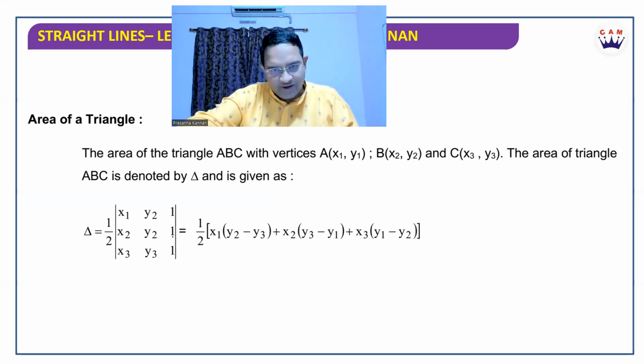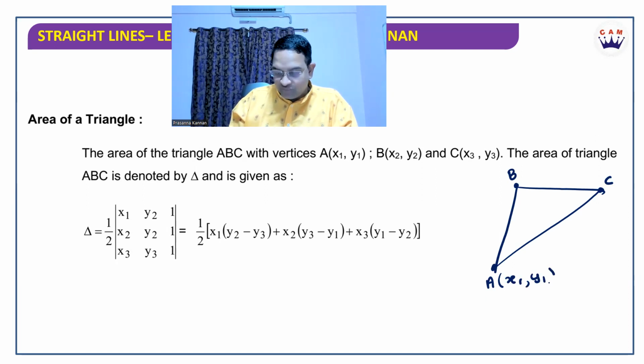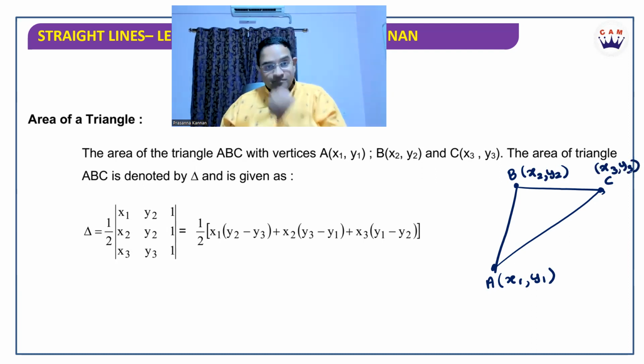So you can take down, suppose I have a triangle, the 3 vertices, let's say, are A, B, and C. The vertex A is (x1, y1). The vertex B is (x2, y2). And the vertex C is (x3, y3). Then I will be able to find out the area of the triangle from this information.